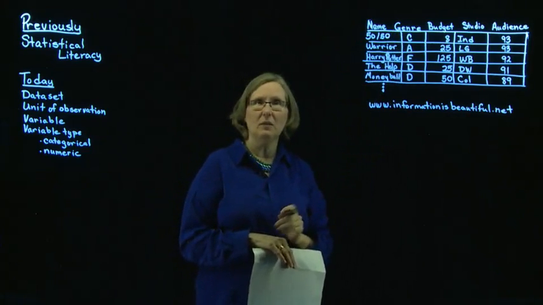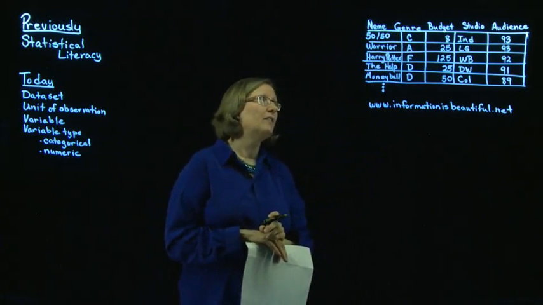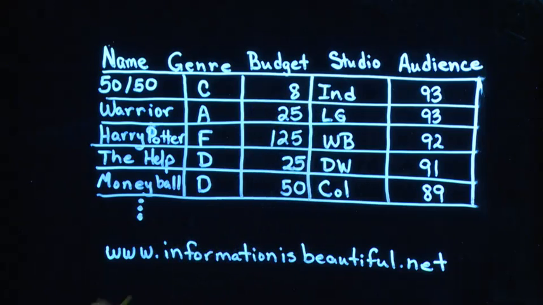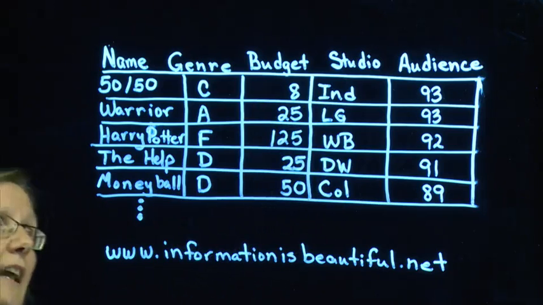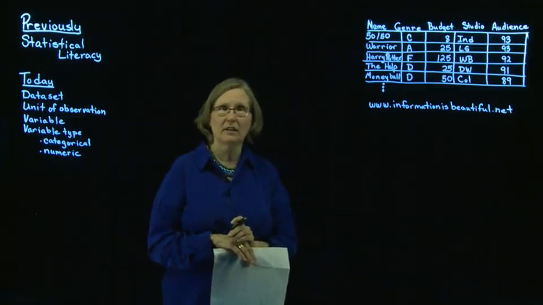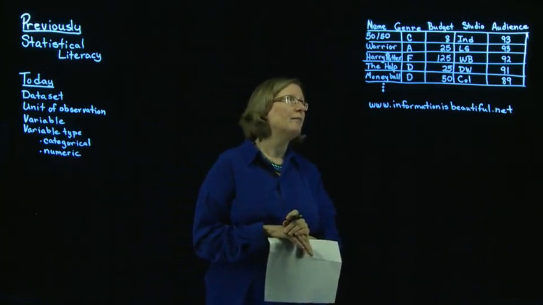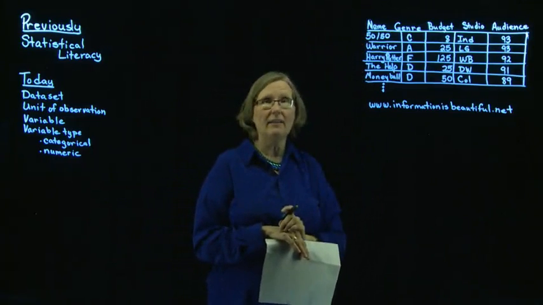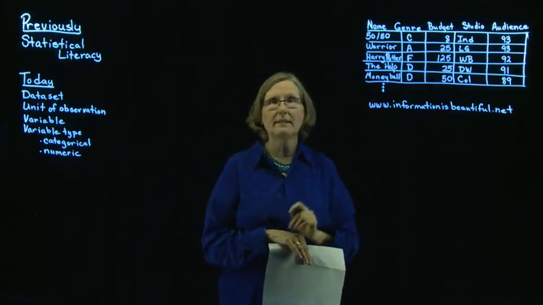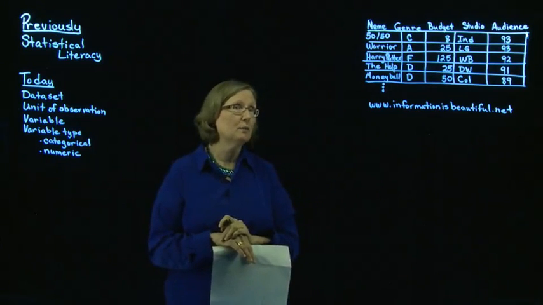Was it fantasy? Was it drama? Or was it something else? The studio is the studio that was primarily responsible for the production of the movie. We have Independence, we have Lionsgate, we have Warner Brothers, we have DreamWorks, Columbia, and many others. I've listed here 5 of the movies, but the actual data set contains 136 movies.